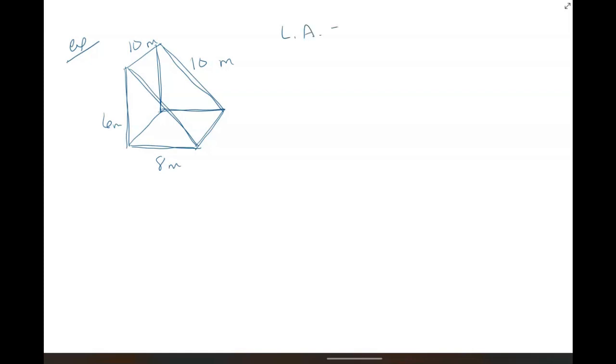First we need the lateral area, which is the perimeter times the height. I have 10 here as the hypotenuse of that triangle, so it also has to be the hypotenuse of this triangle. So my perimeter is going to be 6 plus 8 plus 10.